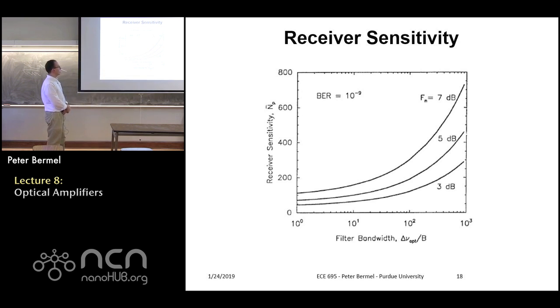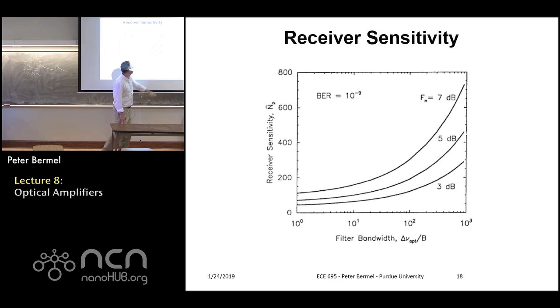I think what this is showing effectively is that if you have a bandwidth that's maybe a factor of, let's see, 100 times wider than the optimum value, so that's basically this value here, then your sensitivity needs to go up a little bit, and so on.